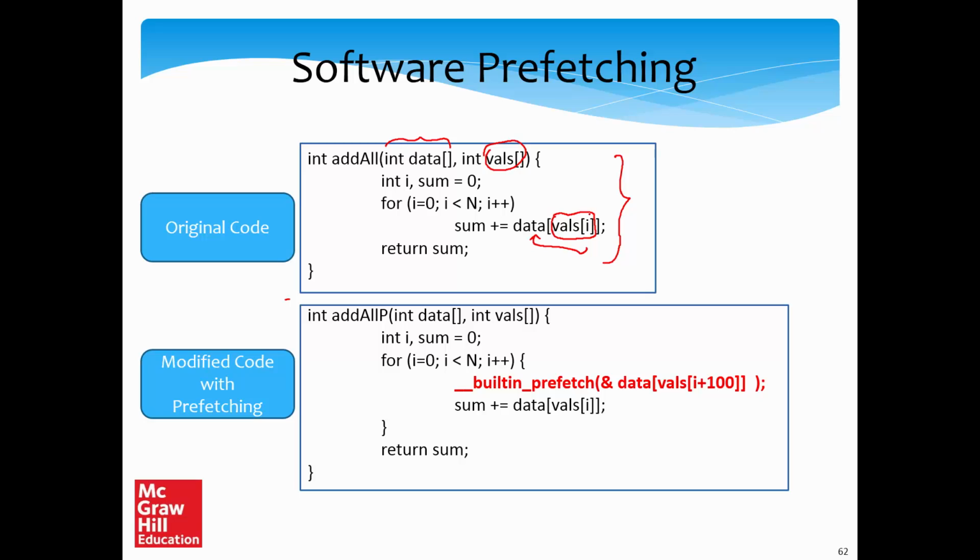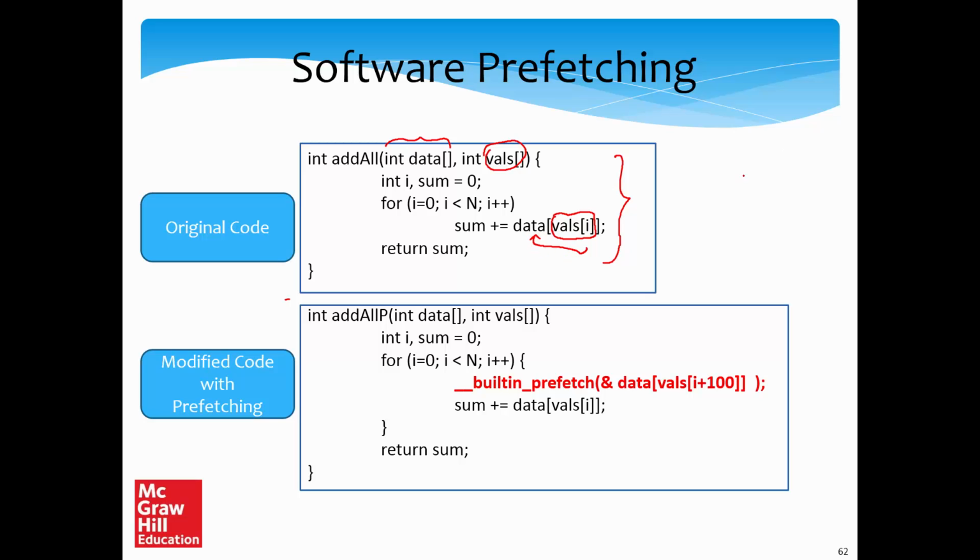As a result, temporal locality is not there. Spatial locality is also not there because consecutive elements or elements with nearby addresses are not being accessed. Well, the vals array is being accessed, so there is spatial locality in terms of accessing the vals array, but not in terms of accessing the data array, right?